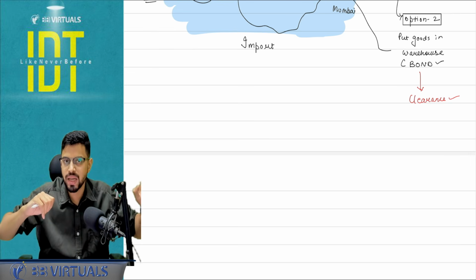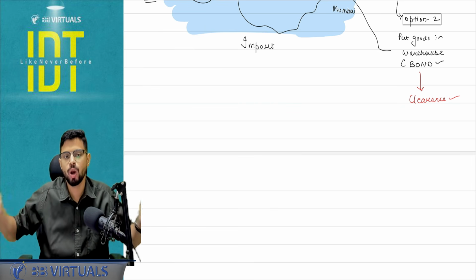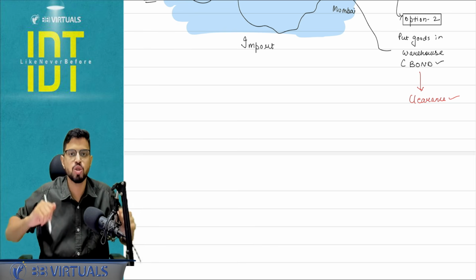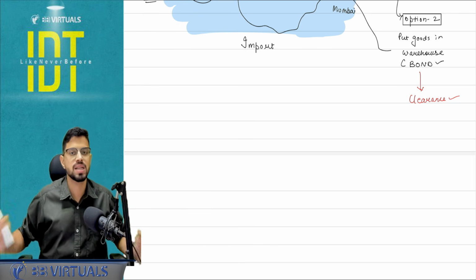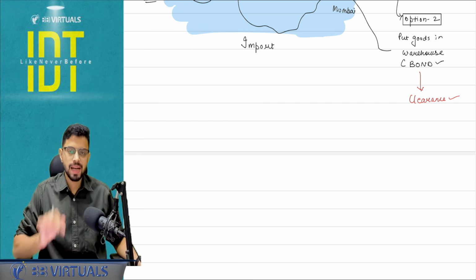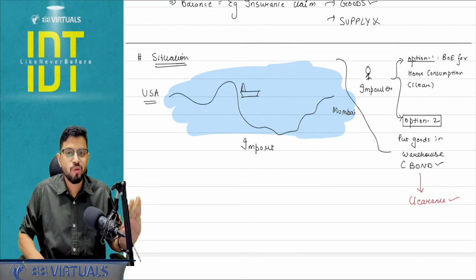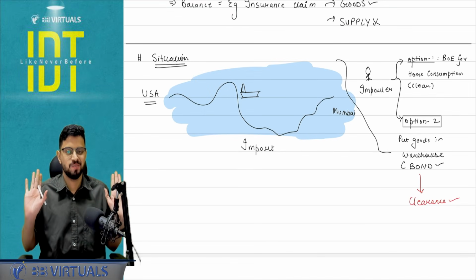If we don't charge the import of goods in the form of GST, the Indian vendor will say that we are not able to compete because here we have to charge GST. So ultimately the cost increases. So whenever the clearance happens, the duty is paid and the IGST is paid. This is just for your understanding right now.